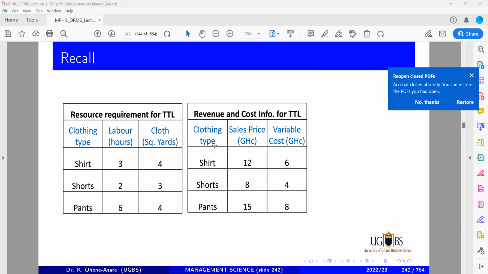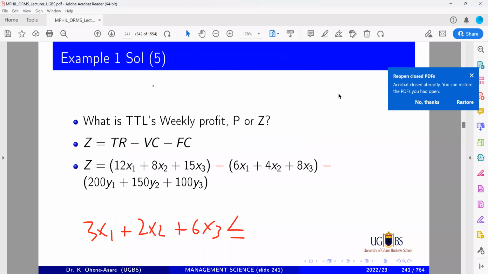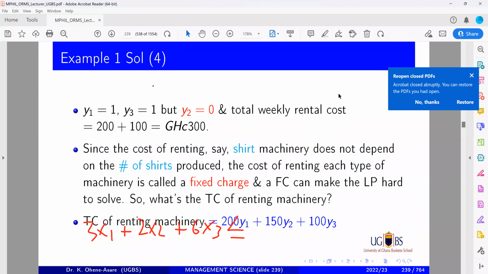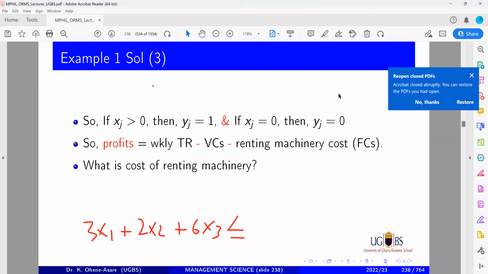So write the labor constraint. Who can walk me through? Let me write it. This is easy. If I were to write the labor constraint, it would be 3x1 plus 2x2 plus 6x3 less than or equal to the labor limit that you were given. What was the value? I think 150 or so. Let me go and check. Somebody has typed the answer. 150, yeah.